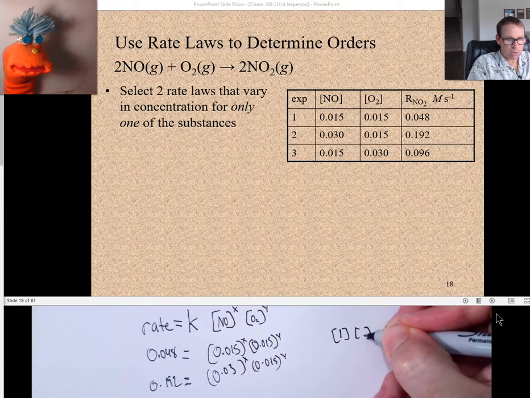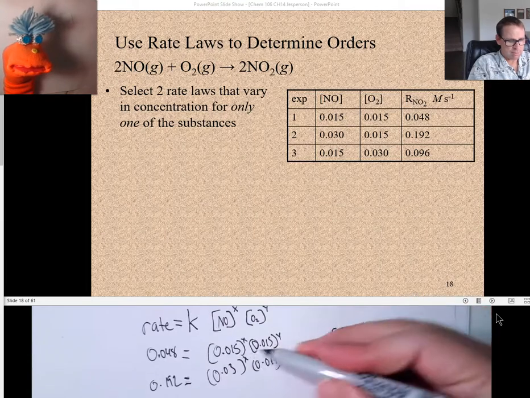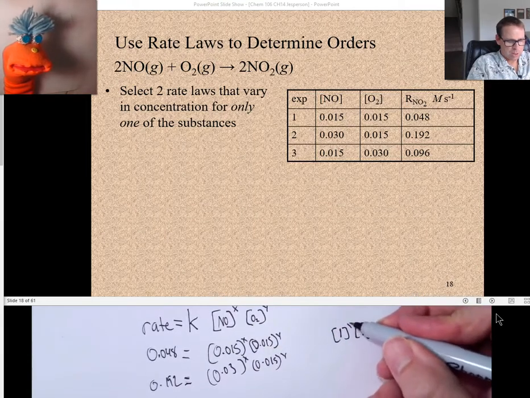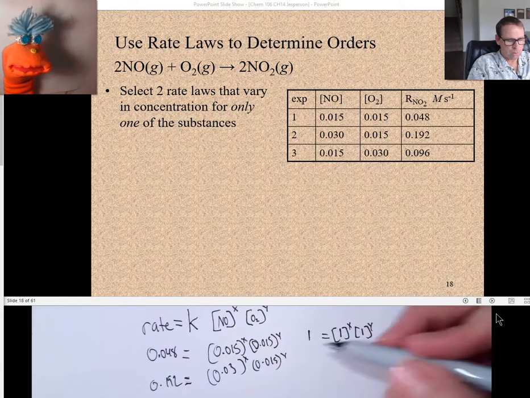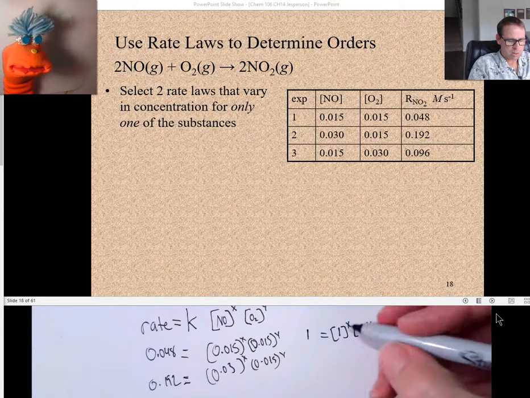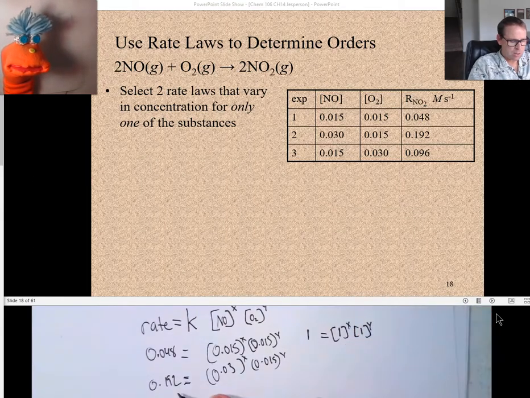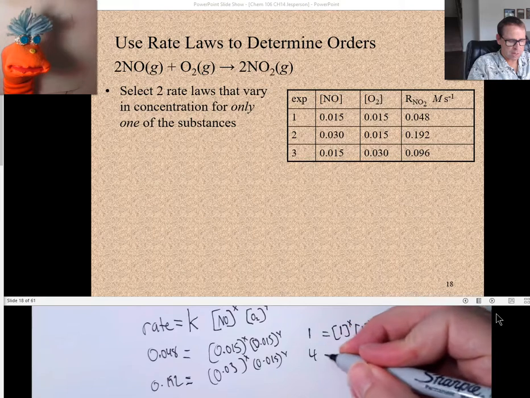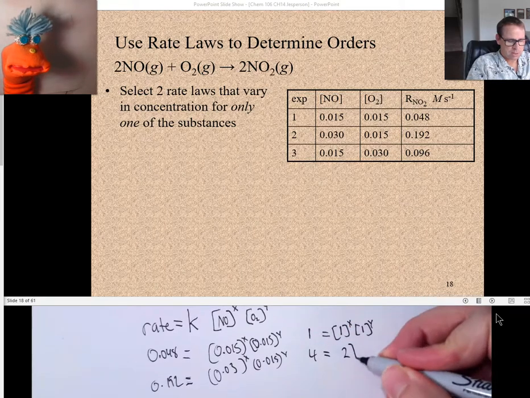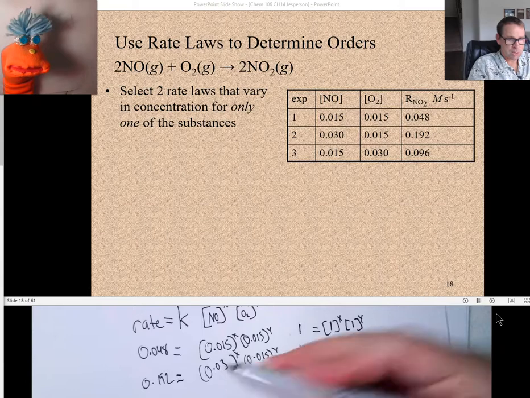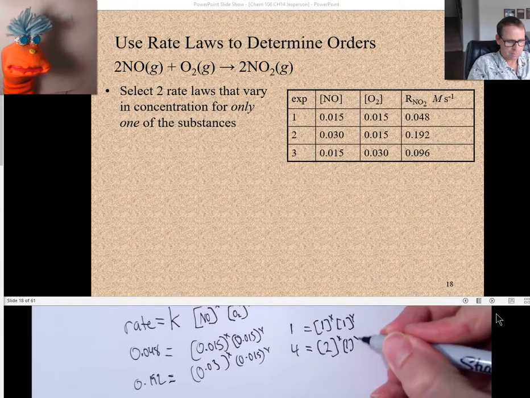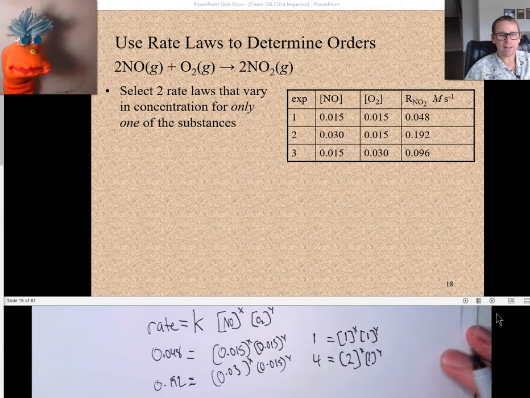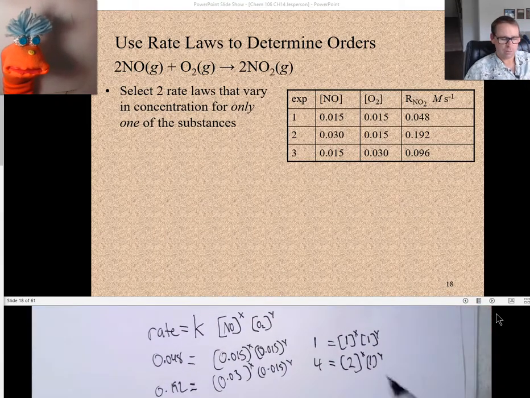The concentration of my O2 was the same. Again, these are raised to x and y. The rate over here I'll call 1, and the rate here I've decided was 4 times as fast, and this concentration here was twice as much, and this one was the same. Now, with that, it becomes pretty clear. What does the exponent here have to be?